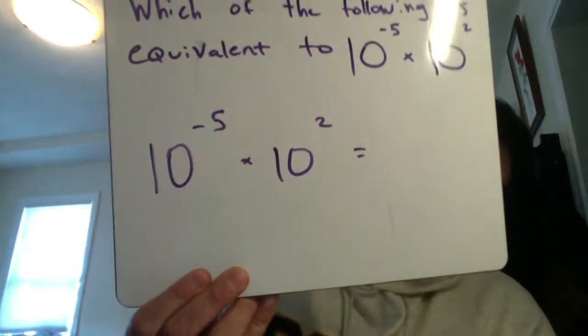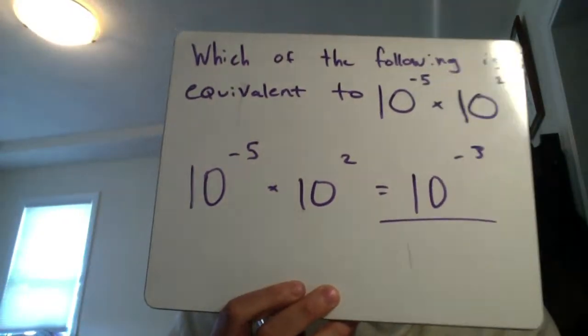You guys, what's negative 5 plus 2? 10 to the negative 3, exactly.